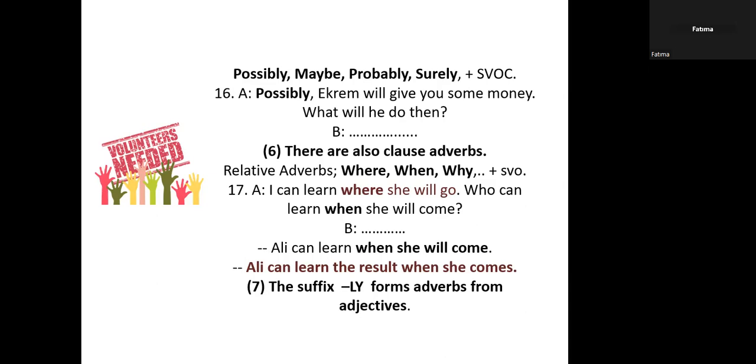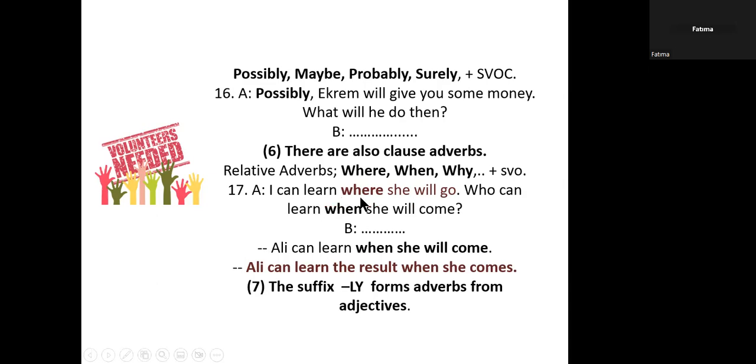There are also relative adverbs with where, when, why, a clause and the main clause. For example, I can learn where she will go. Is it clear? With where clause. Where, the conjunction, is a connector. Okay, I can learn it, for example. What is it? Where she will go. Okay.